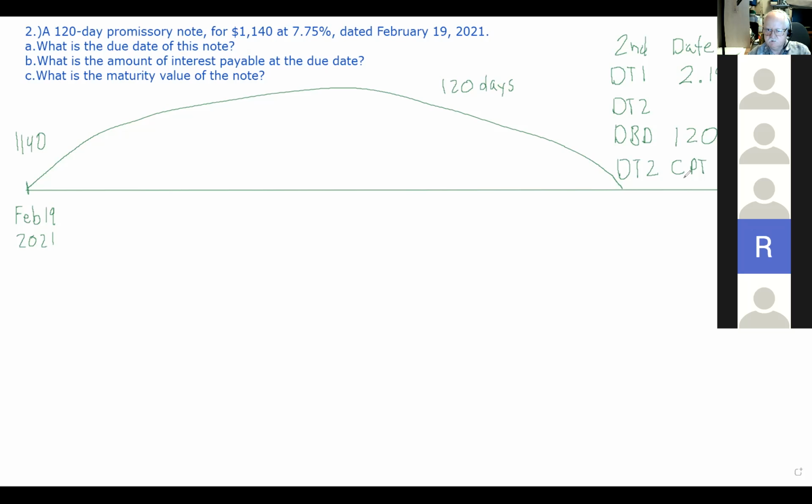For DBD, I'm going to put in 120, enter up and compute, and I'm getting the 6th month, so that would be June. So I'm getting 6/19/21.